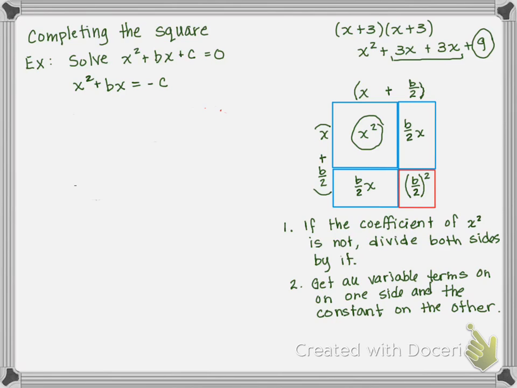And so that's the number that we have to add to both sides to complete the square. It looks more complex than it is, because it's a fraction, I guess. But all that is saying is divide that coefficient by 2 and then square the result of that. So we're adding b over 2 squared to both sides.